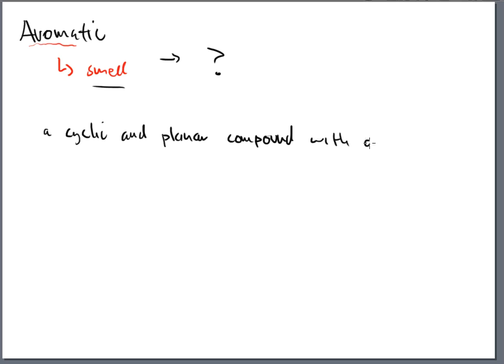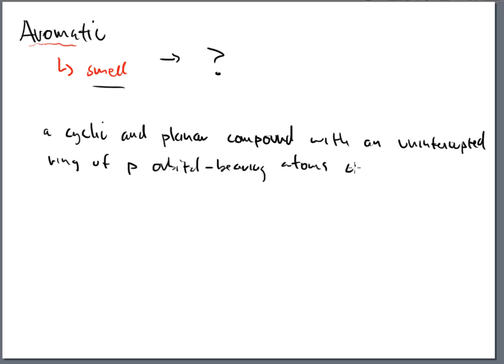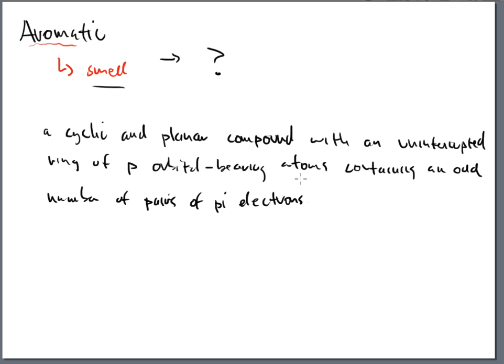With an uninterrupted ring of p orbital bearing atoms containing an odd number of pairs of pi electrons.